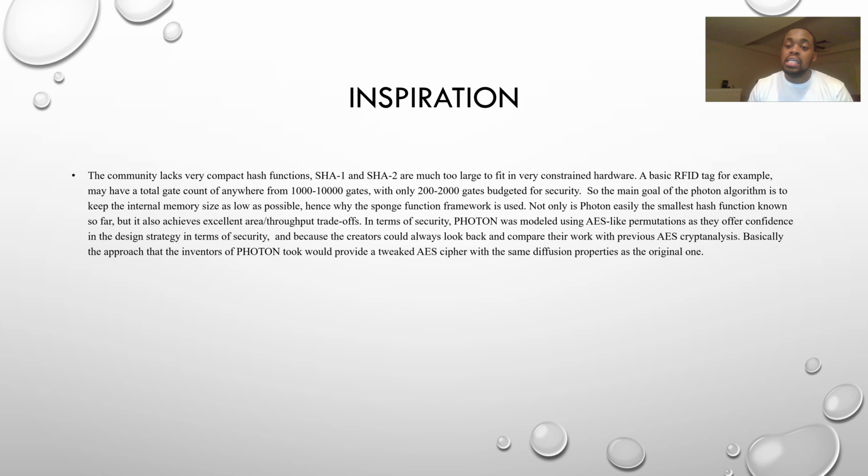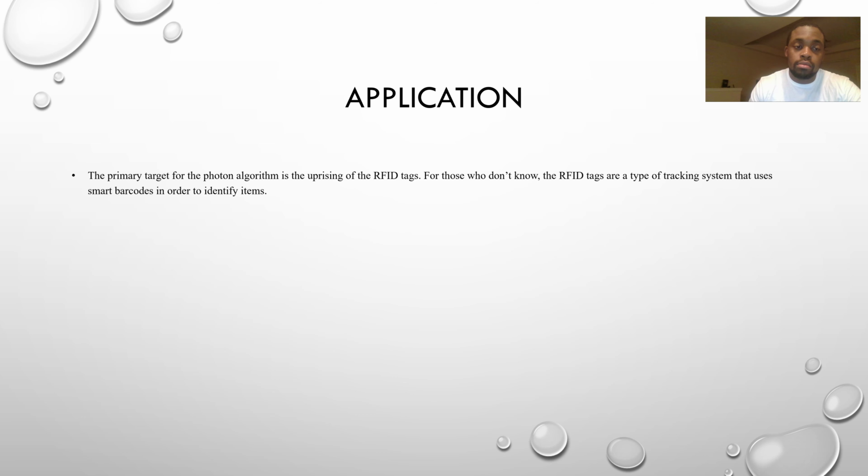Not only is Photon easily the smallest hash function known so far, but it also achieves an excellent throughput and area trade-off. In terms of security, Photon was modeled using AES-like computation as it offered confidence in design strategy and because the creators could always look back and compare their work with previous AES cryptanalysis. Basically, the approach that the inventors of Photon took would provide a tweaked AES cipher with the same diffusion properties as the original one.